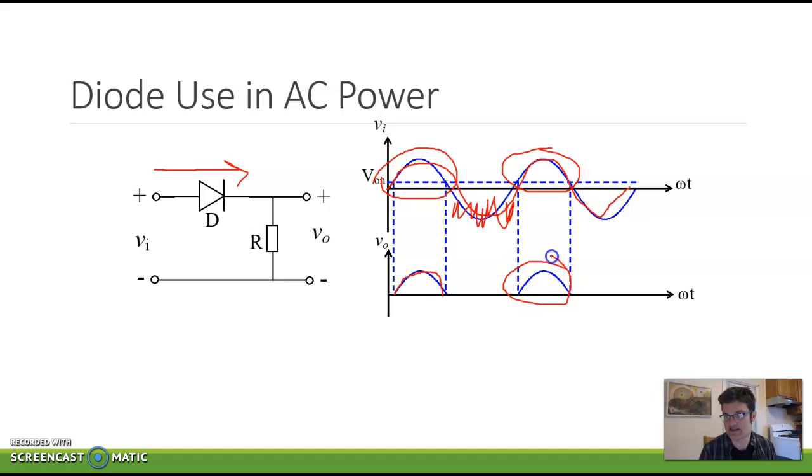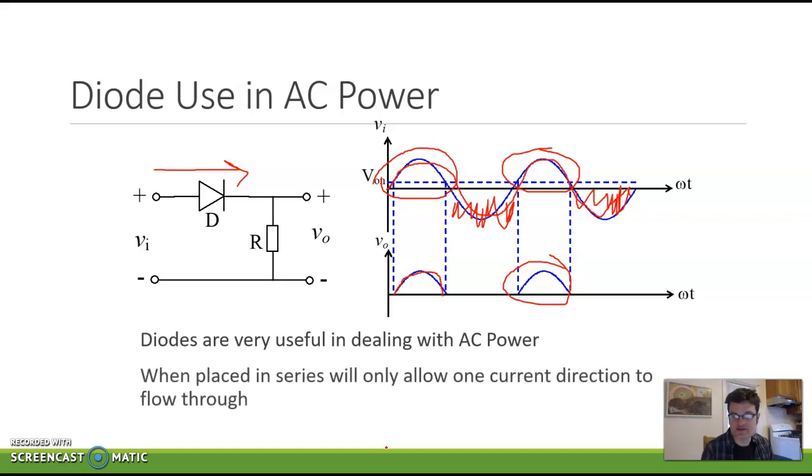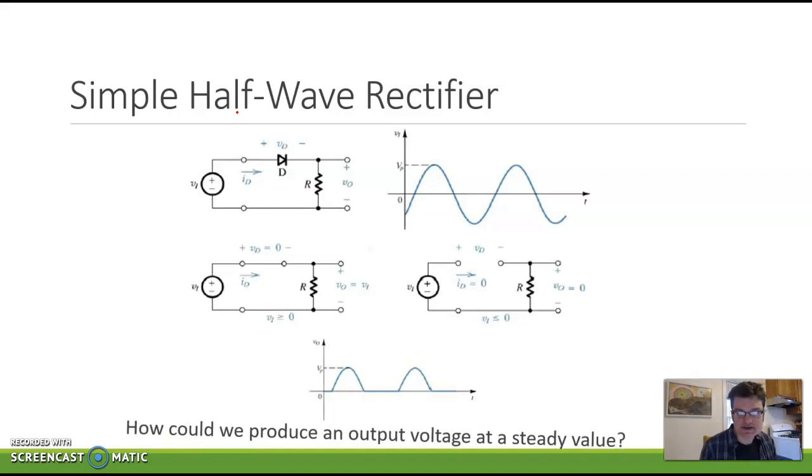Over here again, it's allowing it to pass through. Here, nothing. That is essentially what is happening. So AC is very useful for working with it. Now here you can see again, we have that same idea. It's passing through. This is called a simple half-wave rectifier. And this is something you don't have to memorize, but it is kind of useful information.